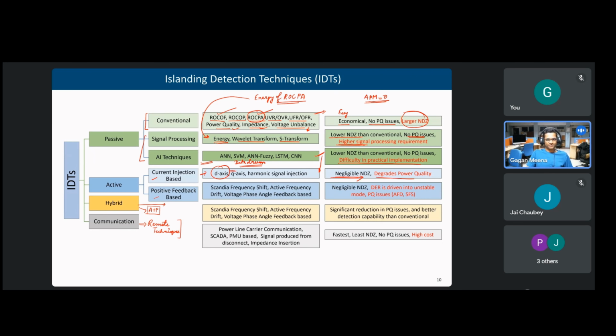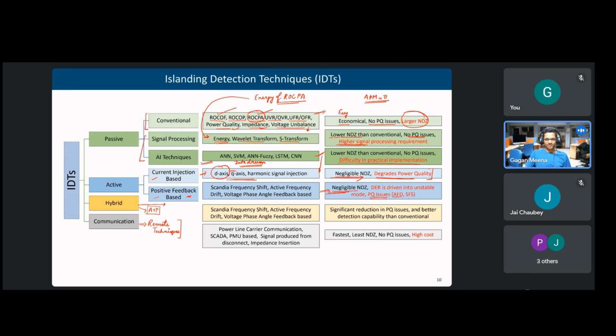So, can anyone tell why do we go for hybrid techniques? Because in active we have negligible non-detection zone, and also in positive feedback based techniques the power quality issues are very less. In some techniques there are no power quality issues. So why are we going for hybrid techniques? Any guess?